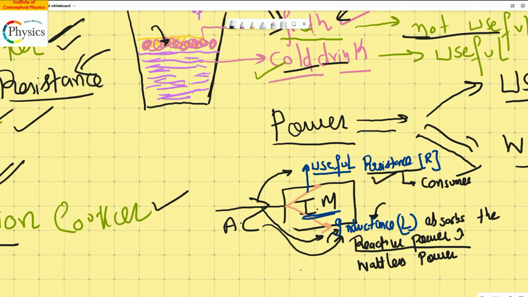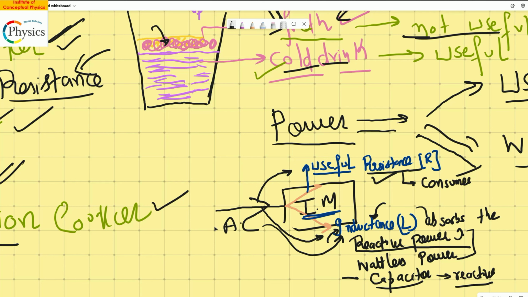But before I tell you the reason why the inductor absorbs the reactive power, let me tell you one more point. If a capacitor is also present in an alternating circuit, even the capacitor is a reactive load, just like the inductor. So a capacitor also results in some wastage of real power.